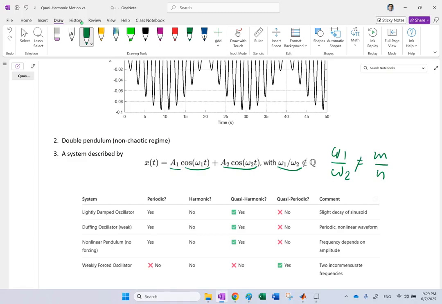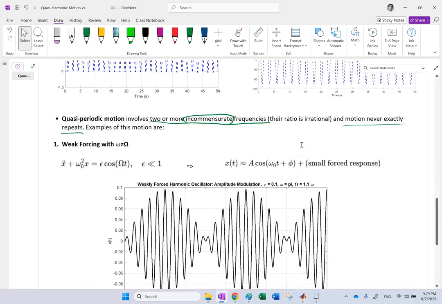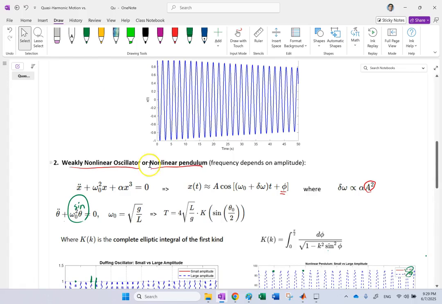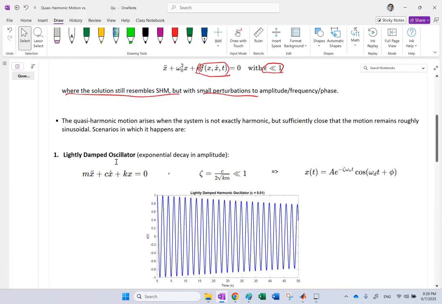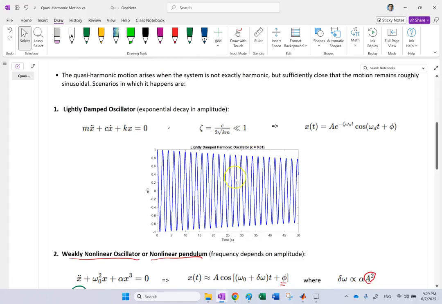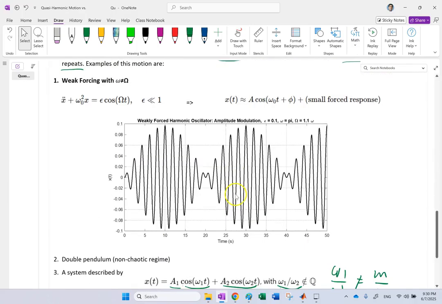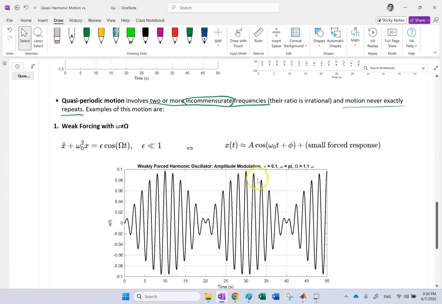If you have those two incommensurate frequencies in your system, then the response will never exactly repeat, and this is called quasi-periodic. A quasi-harmonic motion is definitely periodic. It does repeat. The motion of a nonlinear pendulum repeats. The Duffing oscillator repeats. But the case, for instance, that you have a weak forcing in the system, that does not repeat.